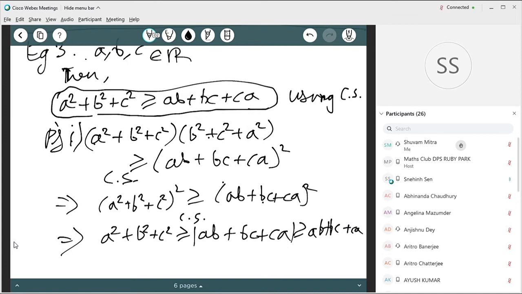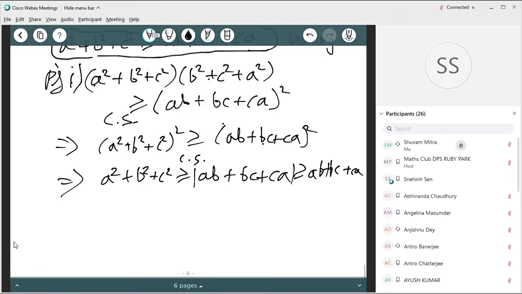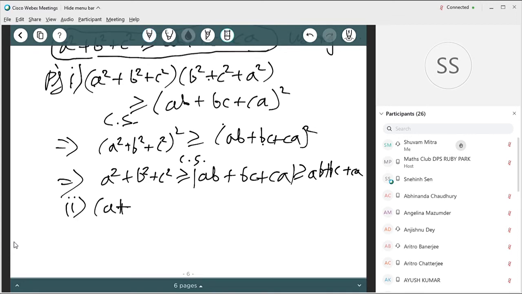And what about his proof? Let's state that one. He said, consider this. I think I got what you said correct, not sure though. A square plus B square plus C square times 1 plus 1 plus 1 is greater than or equal to A plus B plus C whole square.